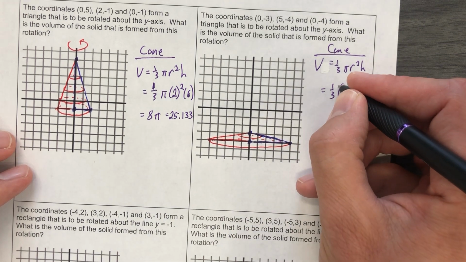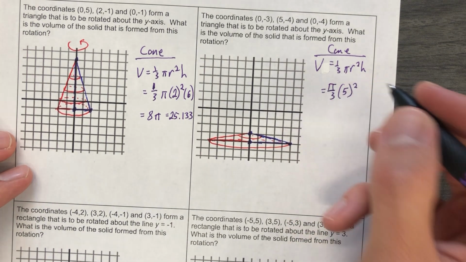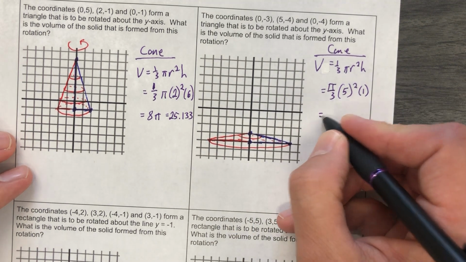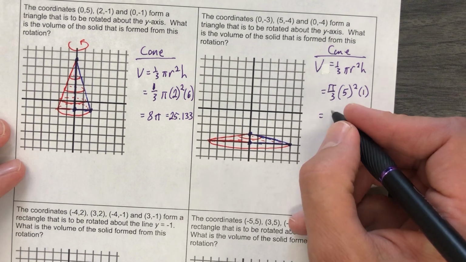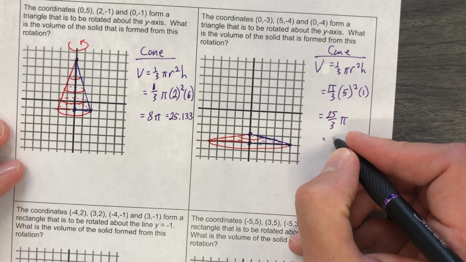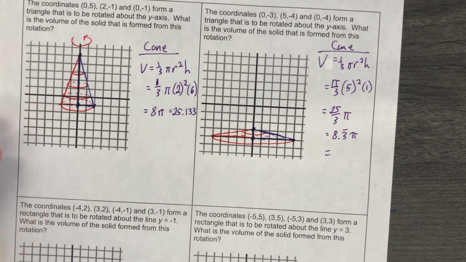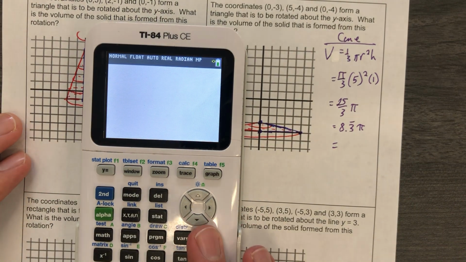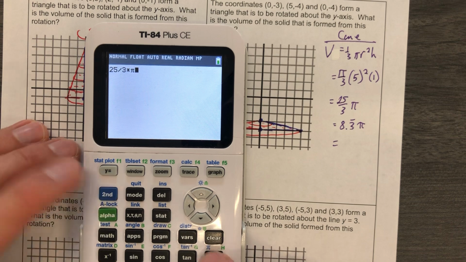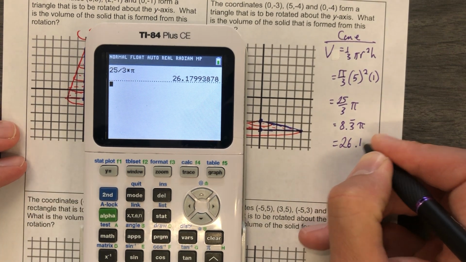I left my pi out, so let's just throw it in the top. Totally doable. Pi over 3 is the same as 1/3 pi. And the height is 1. Okay, well, that is 25/3. So 25/3 pi, which is also equal to 8 1/3 pi, which is also equal to about 26.180.